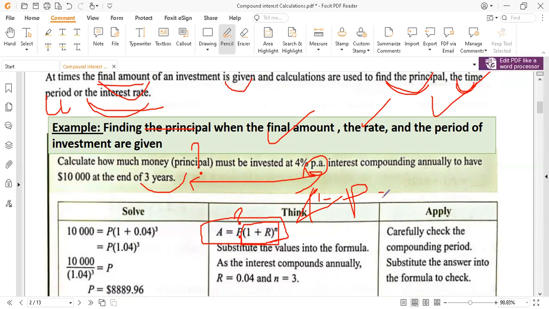So P equals big A over (1 plus R) exponent n.